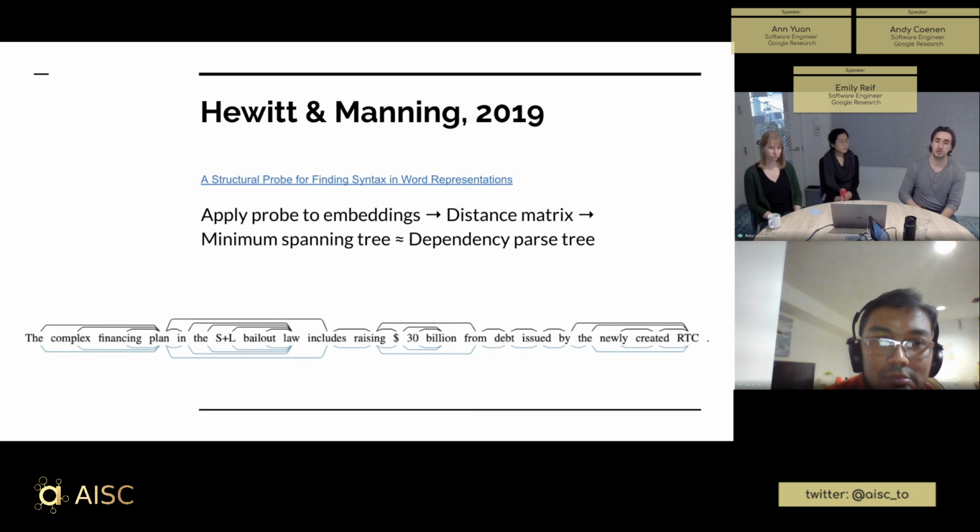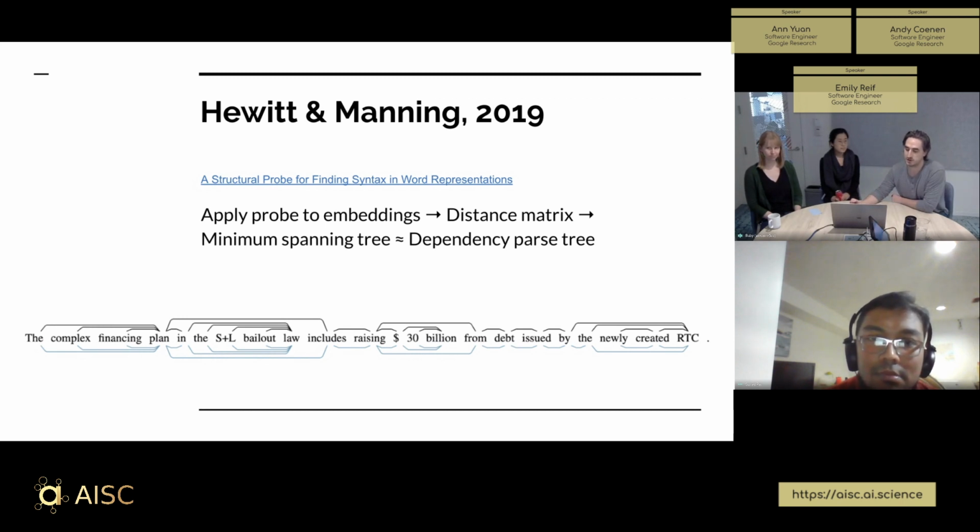What they did was train a matrix transformation. The probe is a matrix that transforms that 768-dimensional space into some other subspace. They did different ranks of transformation matrices: full rank, 768 BERT to 768 projected, but they also projected it down to 16 dimensions, an even smaller subspace.